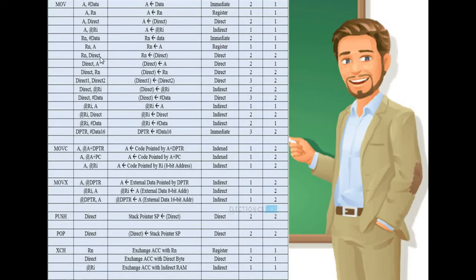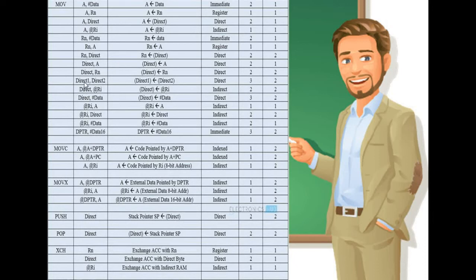Direct addressing mode content will be moved to the Rn location. A comma direct: the value of A is being moved to the direct register, and the register value is moved to the direct register.